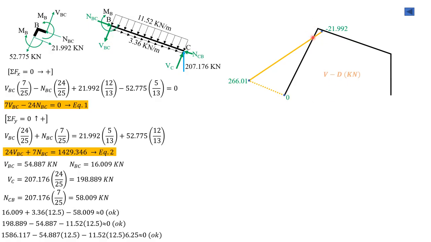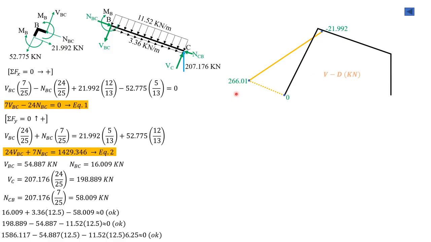The point where shear is 0 can be obtained by dividing 266.01 by the uniform loading, which is 22.154.